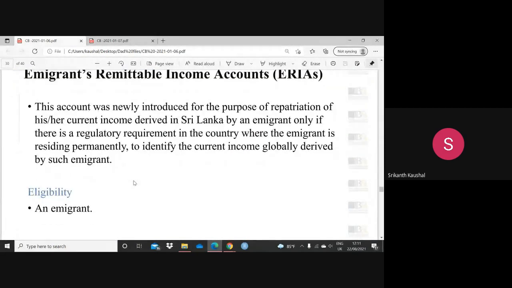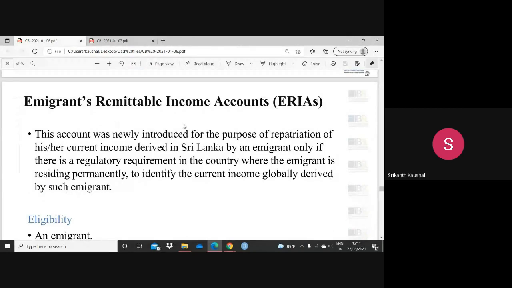Now, why did the central bank introduce this account? It's a simple explanation. In certain countries, when Sri Lankans are getting money, say a Sri Lankan person has gone to Australia before this difficult time, he has been getting money from his CTR account, right?